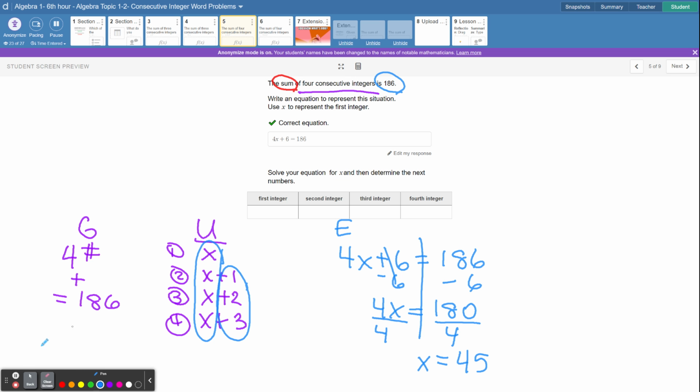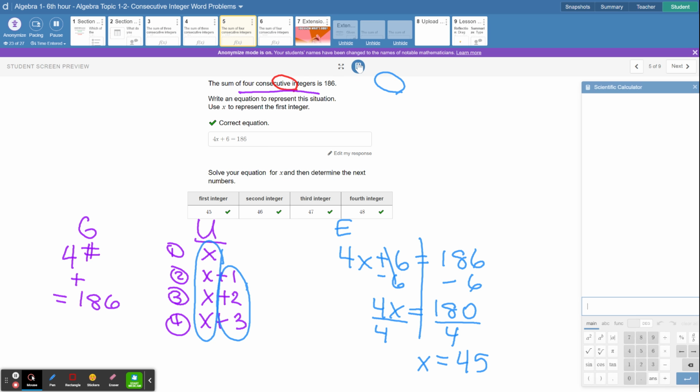Now 45 is the first integer. Remember it's consecutive, so the next number you would count is 46. The next number would be 47, and then the fourth integer is 48. A really easy way of checking to see that you did it right: make sure that they're all in order, 45, 46, 47, 48. Also, when you total it, notice it's 186, and so is this number right here, 186. So we know we did it correctly.